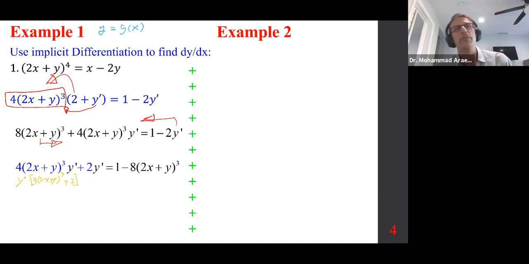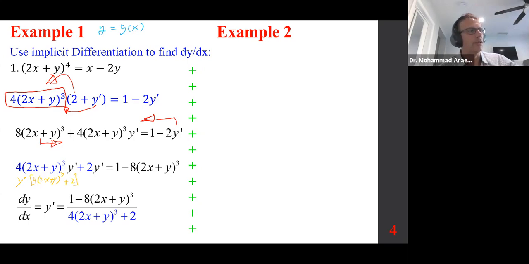The right side remains intact. All you have to do, divide both sides by these brackets, and that's your final answer. dy/dx or y prime is 1 minus 8 times (2x plus y) cubed over 4 times (2x plus y) cubed plus 2.